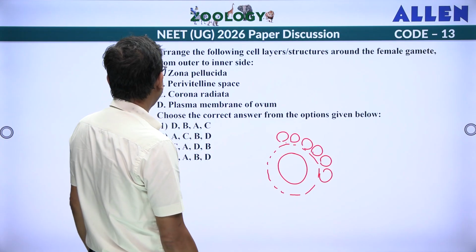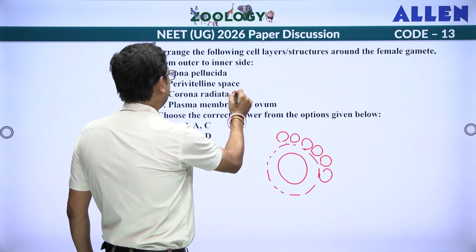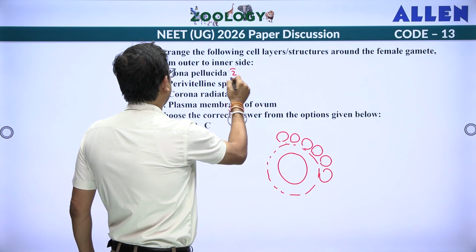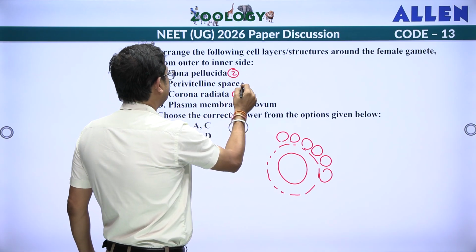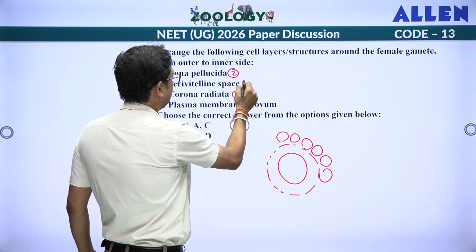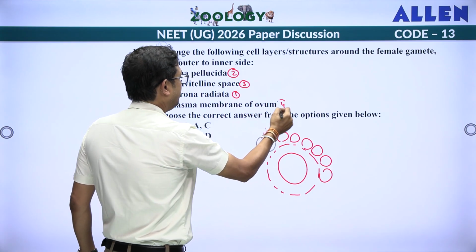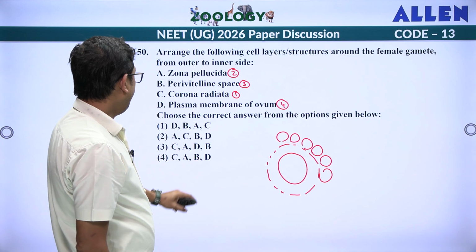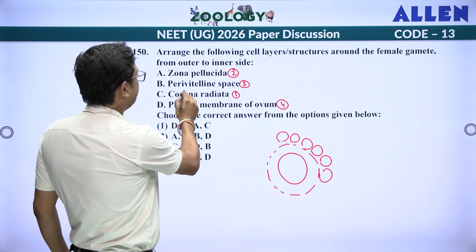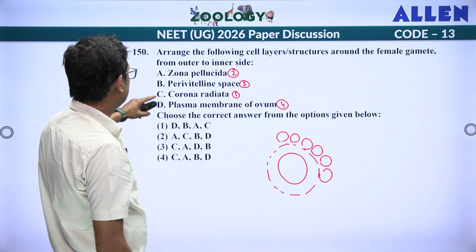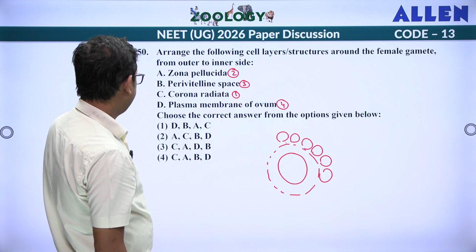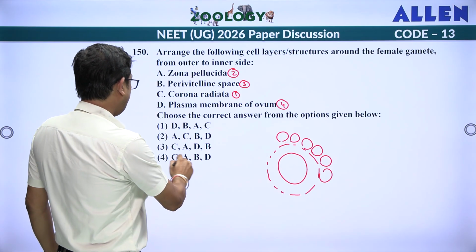So the first one should be corona radiata, then zona pellucida, then perivitelline space, and then plasma membrane. So plasma membrane should be at the end, and the first one is corona radiata. So the answer will be CABD.